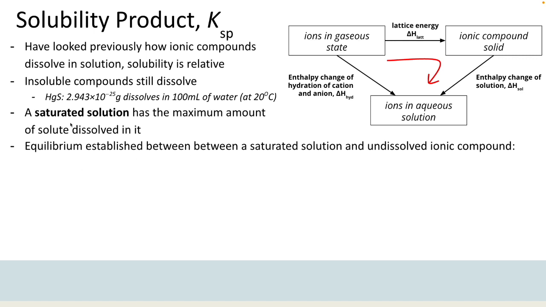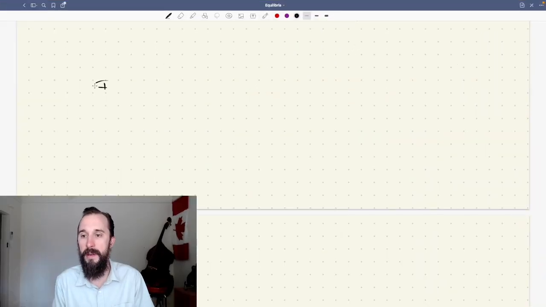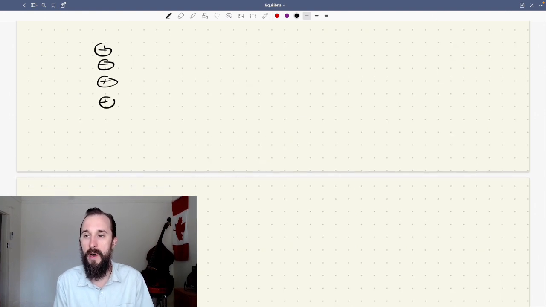So let's remind ourselves about a few concepts. We have a saturated solution where we have the maximum amount of solute dissolved in a given solvent. At this saturated solution, we have an equilibrium being established between a saturated solution and the undissolved ionic compounds. So, you imagine that we've got a certain ionic compound, which I'll draw, representing my ions there.